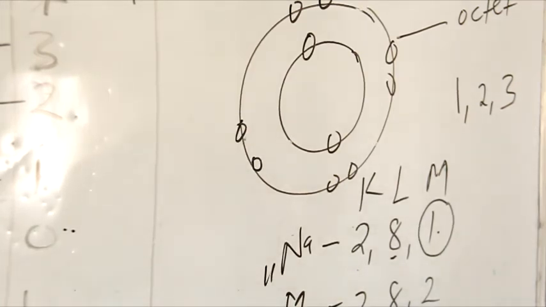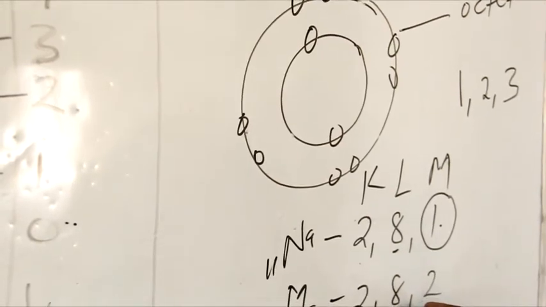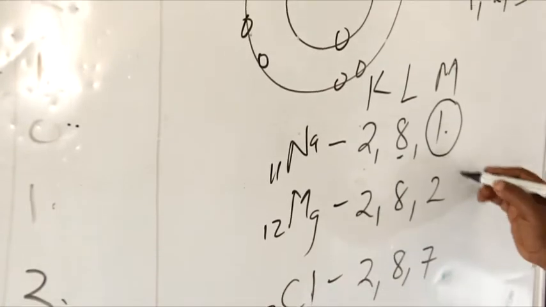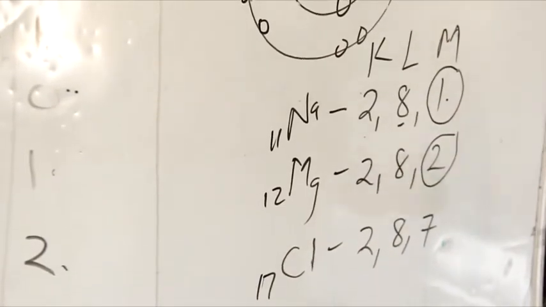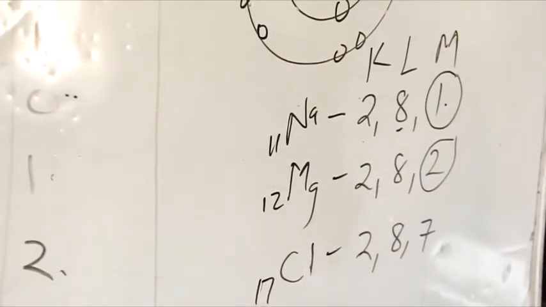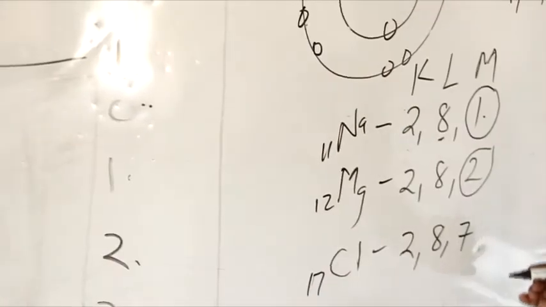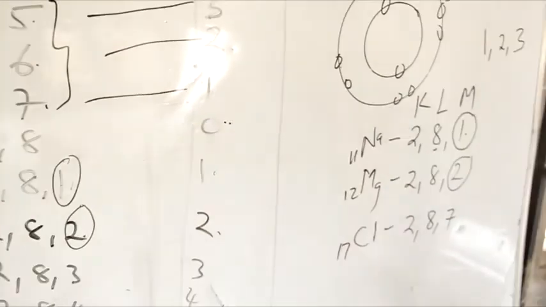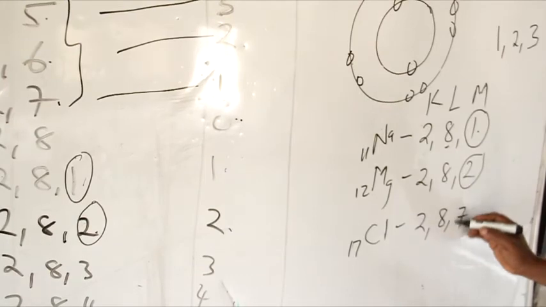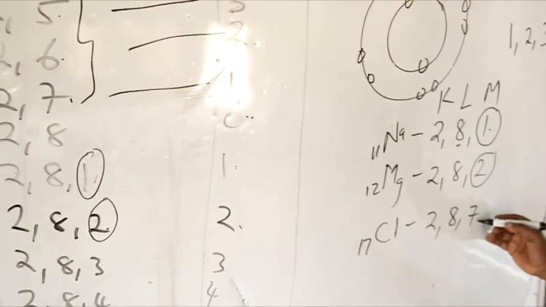It gives out 2 electrons to attain stability, and that leads to the configuration of neon, and this 2 is the valency of magnesium.